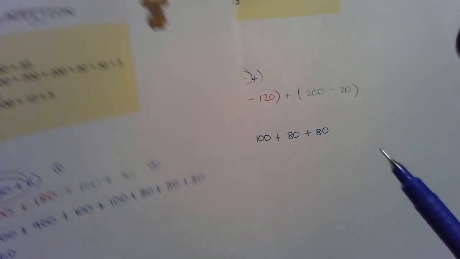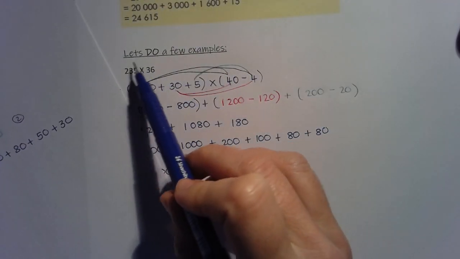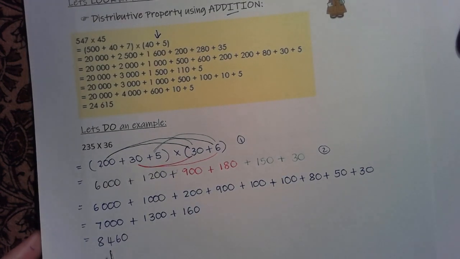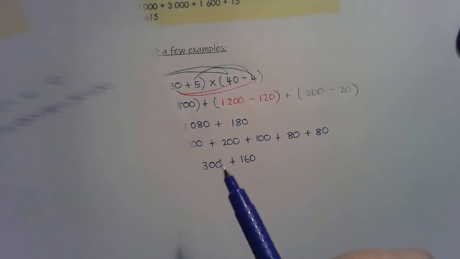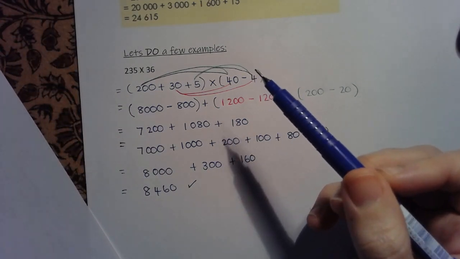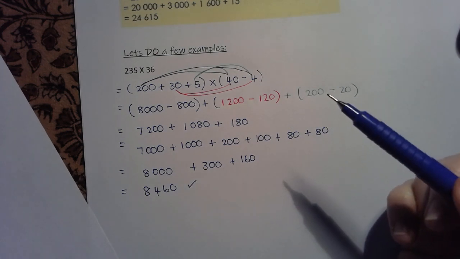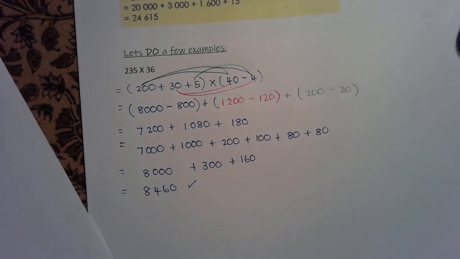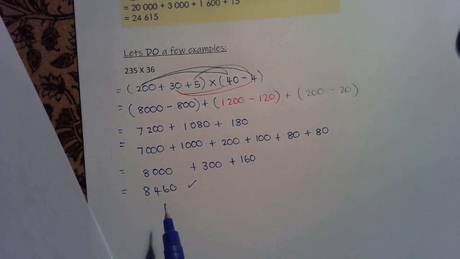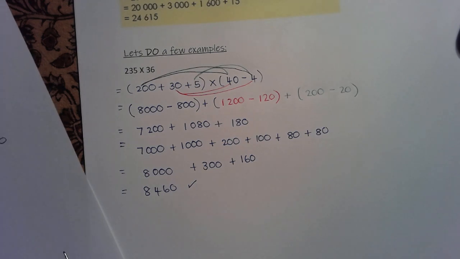And if you pay attention, you will see we used the same numbers to multiply with in both examples. And then we ended up with the same answer. Okay, so what is nice about these two methods is that when you reach your final answer, you can see that they will be the same, but the method is just a little bit different.